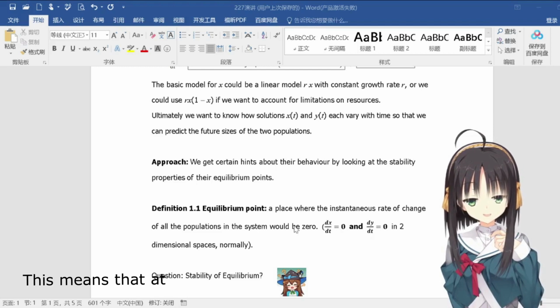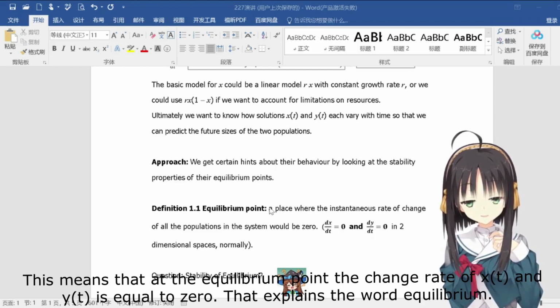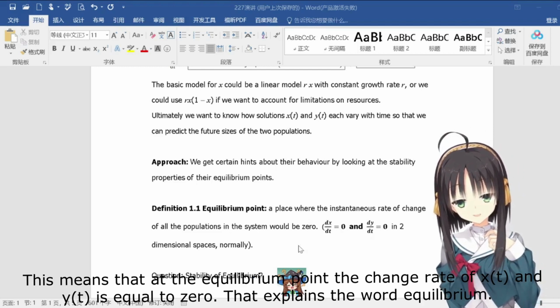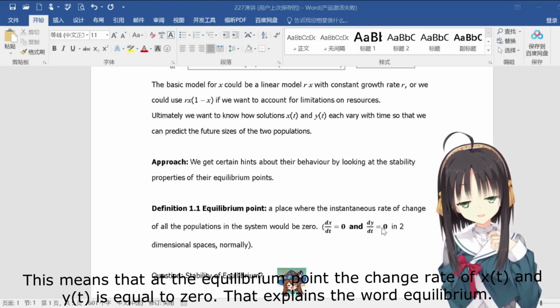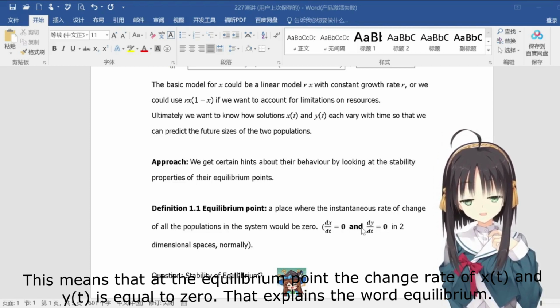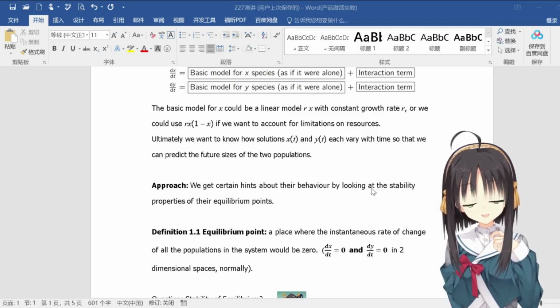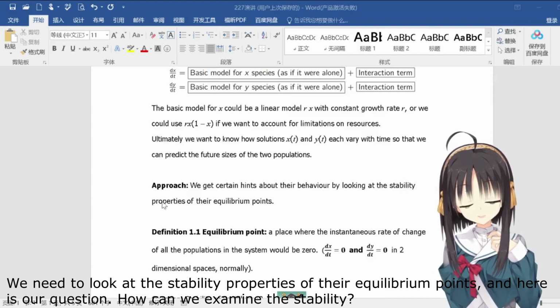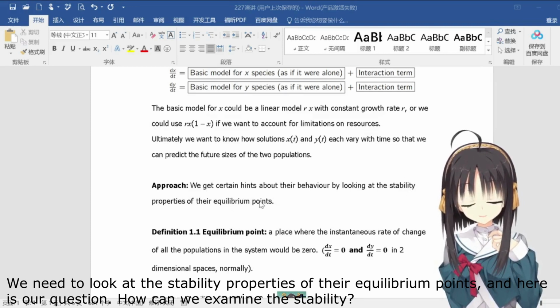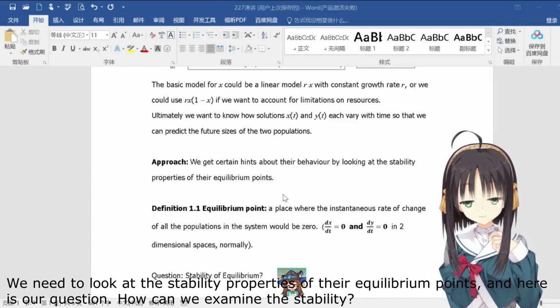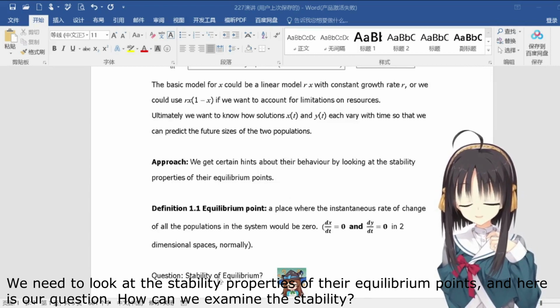This means that at the equilibrium point, the rate of change of x(t) and y(t) is equal to 0. That explains the word equilibrium. So as we can see, we need to look at the stability properties of their equilibrium points, and here is our question: how can we examine the stability?